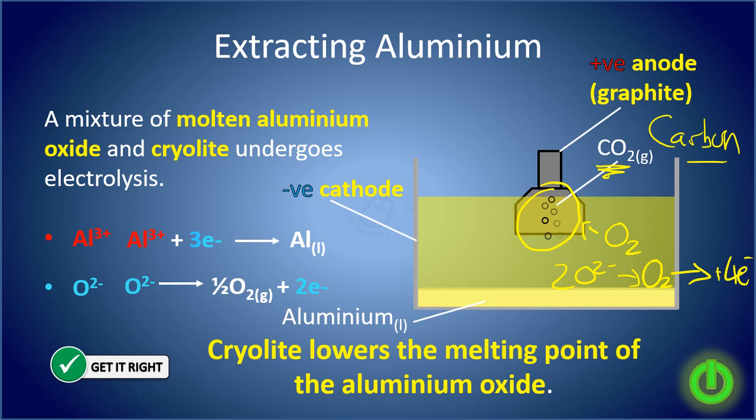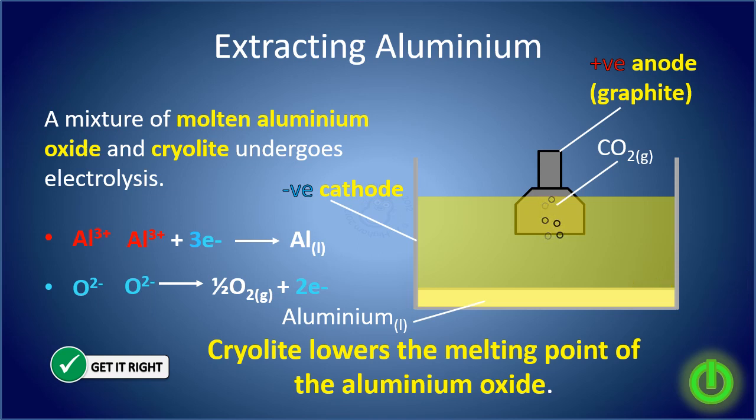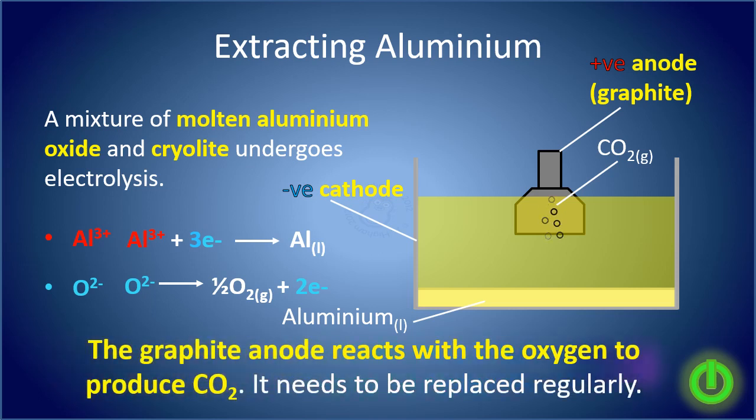So over time, what will happen is that the anode will sort of shrink. It will be reduced in size, because when the oxygen reacts with the graphite, you can see it shrinking there.